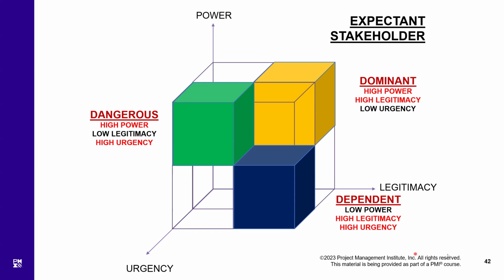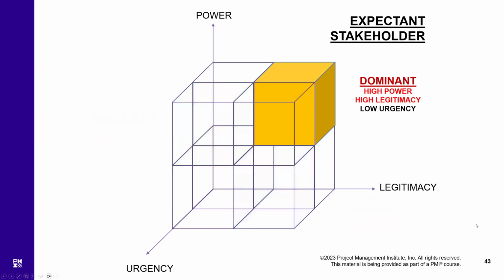Okay, now you can see all the expectant stakeholders, which are high in everything. If you're okay with this, let me move on to the dominant. This yellow cube is shown alone, right?